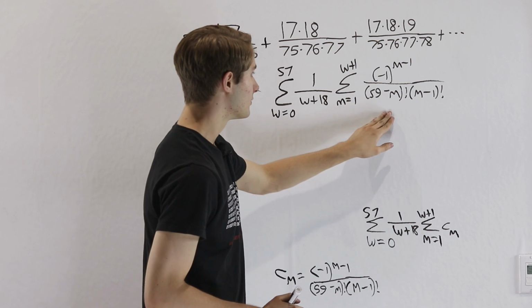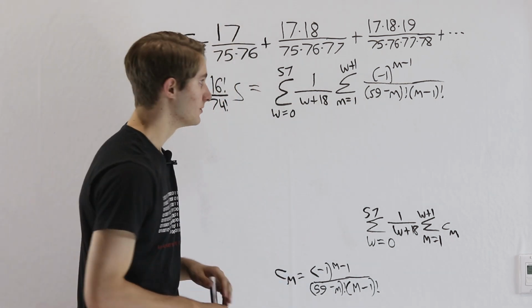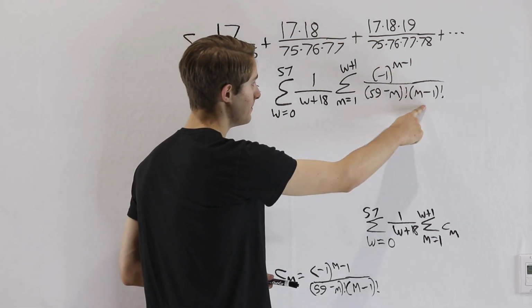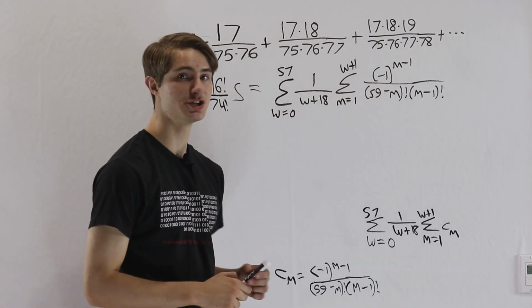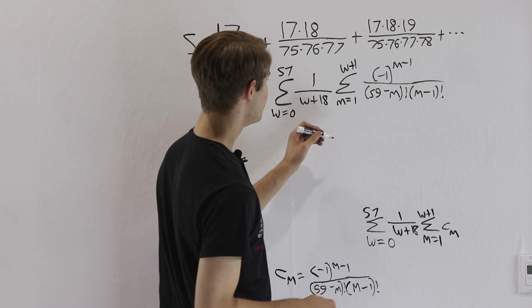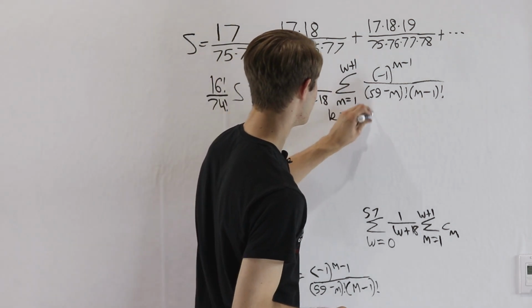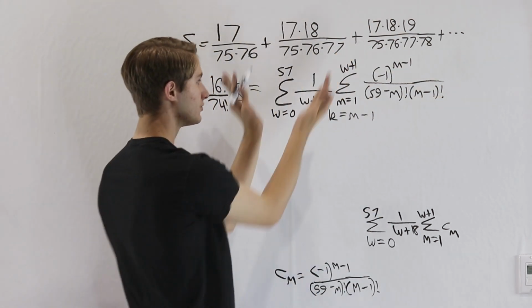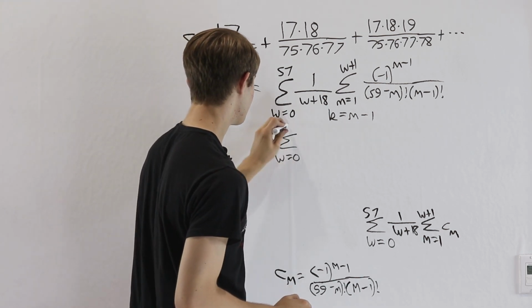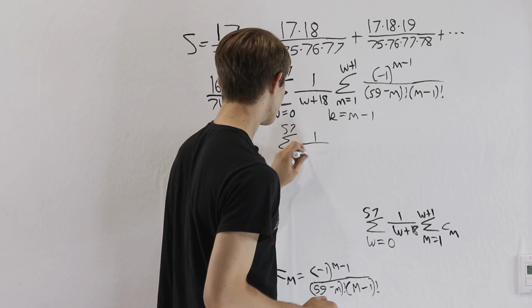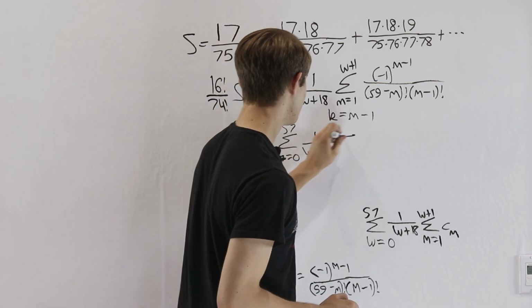Now, in order to make this a little bit easier to deal with, I noticed that we have a lot of m minus 1 flying around everywhere, and that's kind of annoying. So let's make a change of variables here. Say we let k equal m minus 1, and we're just going to shift the whole sum down 1. So that gives us the sum from w equals 0 to 57 of 1 over w plus 18 times the sum.